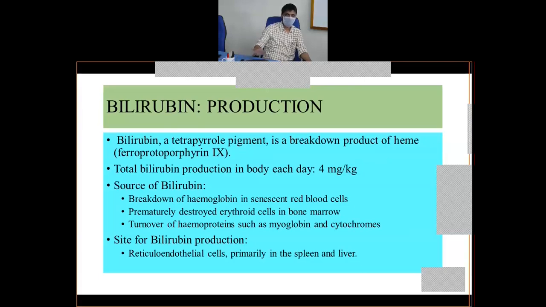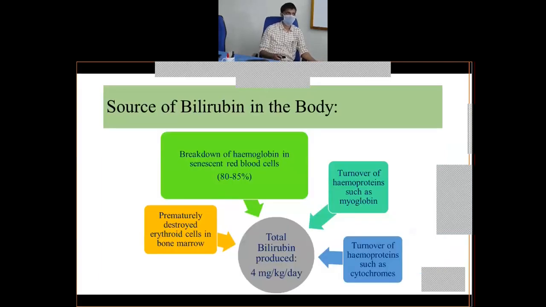The site of bilirubin production is the reticuloendothelial cells, primarily in the spleen and the liver. So in hemolytic anemia, it's obvious that these tissues have to work hard because this is the site for the damage of RBCs, and thus you may get enlargement of the liver and spleen in hemolytic anemia.